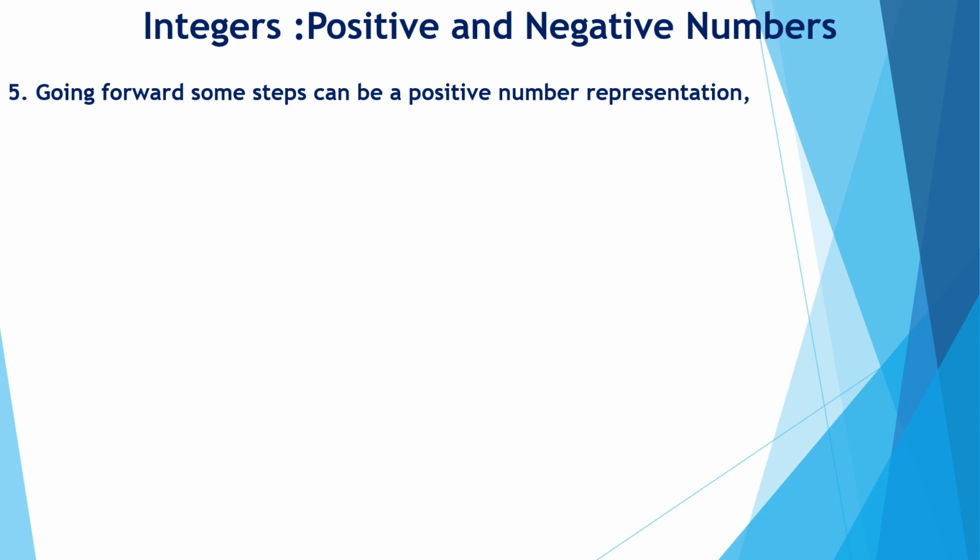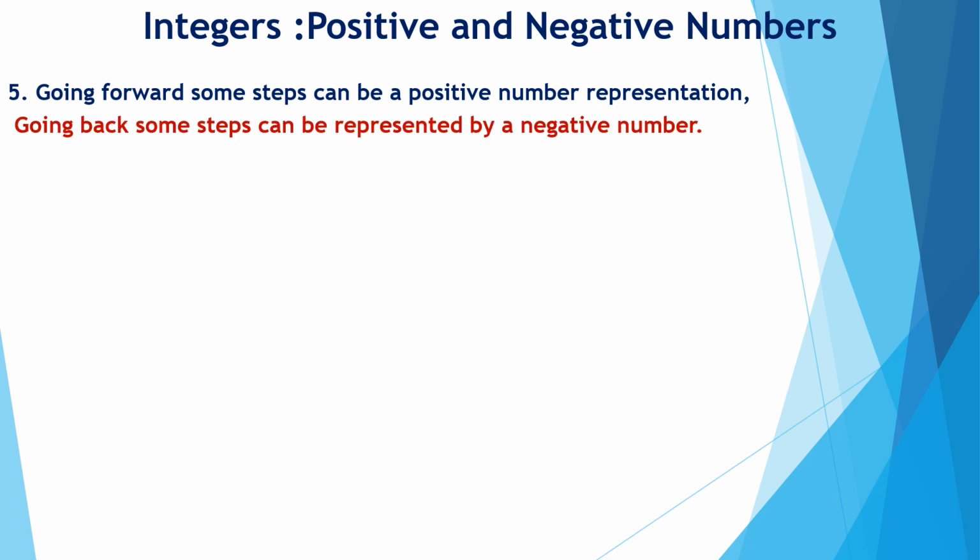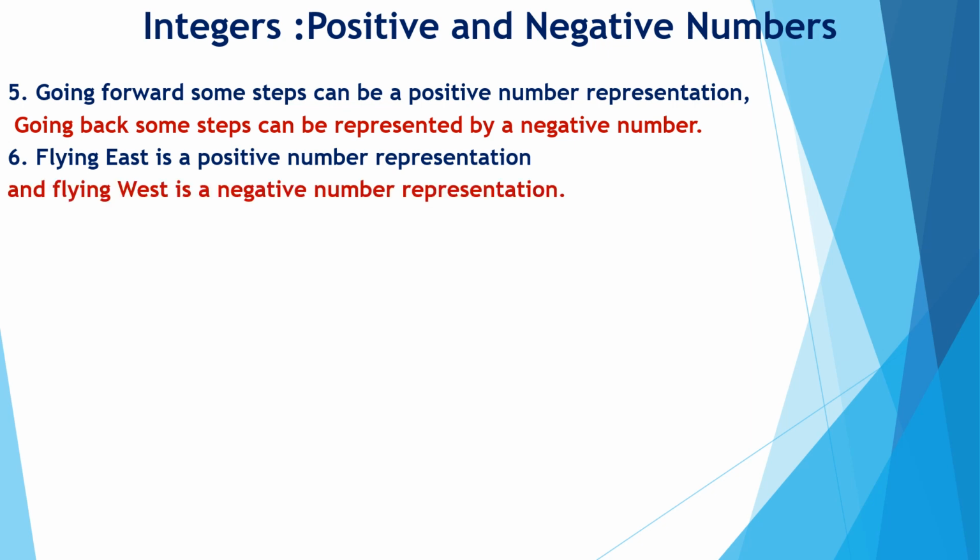Going forward some steps, we can take as a positive number. Going back some steps can be represented by a negative number. Flying east, we say, is a positive number representation. Flying west is a negative number representation.